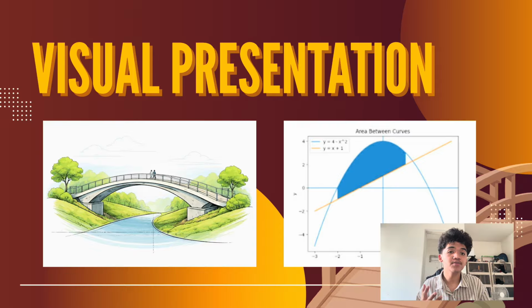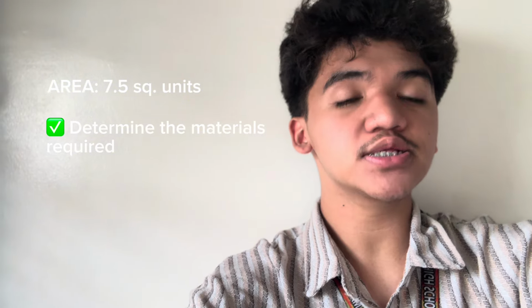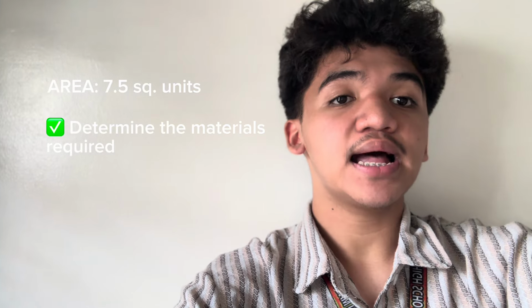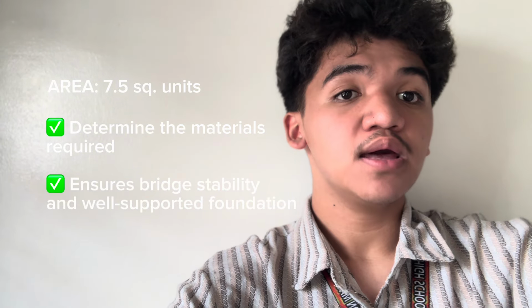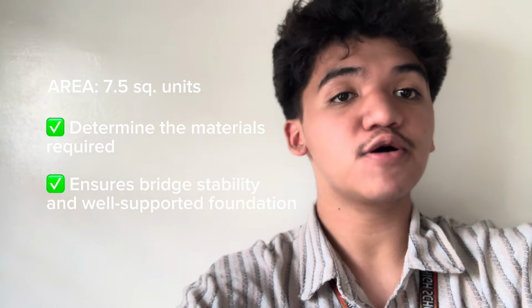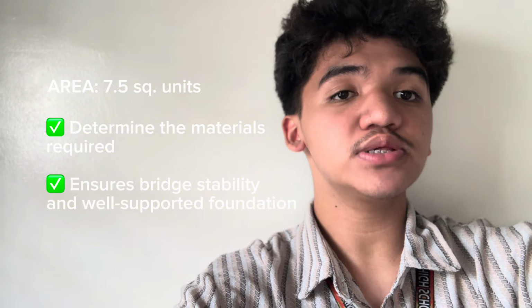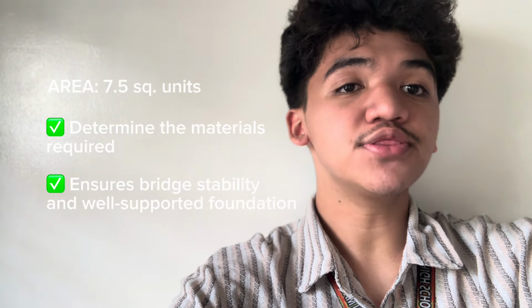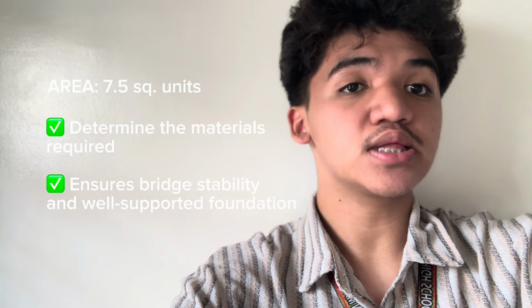So now we can determine how we can build this pedestrian bridge safely. This computed value of 7.5 square units will help us determine how much material is required in building this. And lastly, it will ensure that this bridge will have a stable and well-supported foundation for the people to use on their everyday walk, jogging, or on their way to work, school, or on their errands.